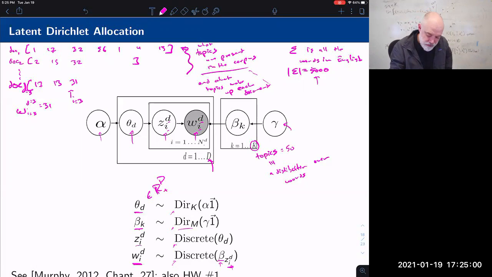This is a Dirichlet distribution, which means that it outputs the parameters of a discrete probability measure. And this Dirichlet is parameterized and regularized towards uniformity with this gamma 1 vector thing.